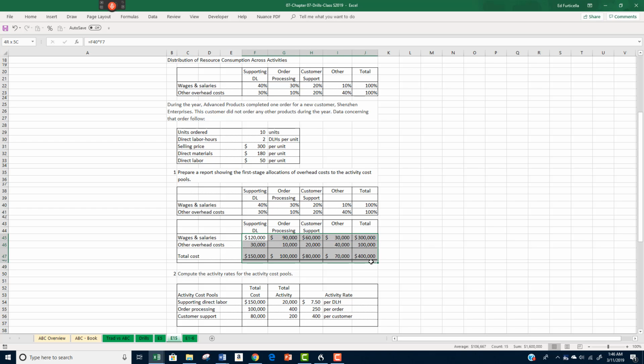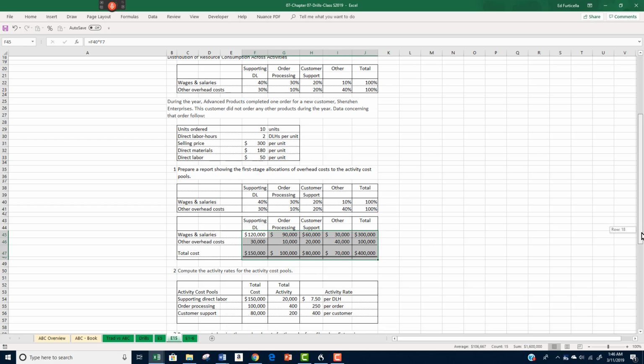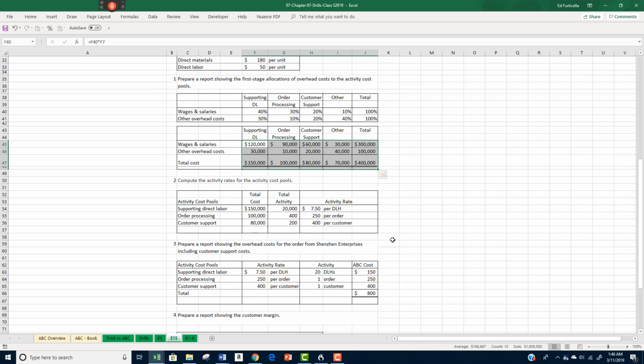Here's where we did that. Our third step was to calculate activity rates. So you see here where we calculated the activity rates, we came up with the $7.50, the $250, and the $400. Once we calculated those activity rates, we're ready for step 4, and we assigned the overhead costs to each of the cost pools.